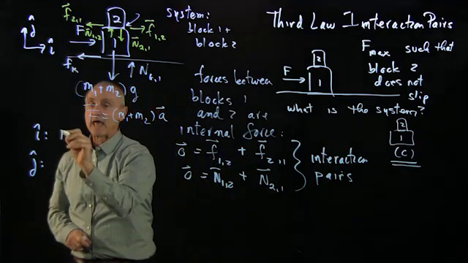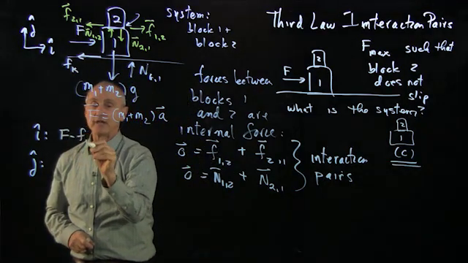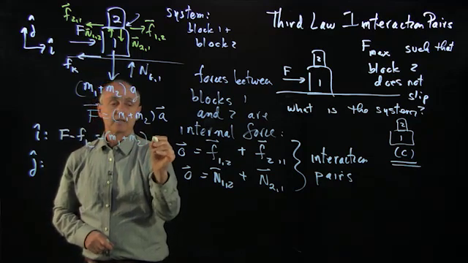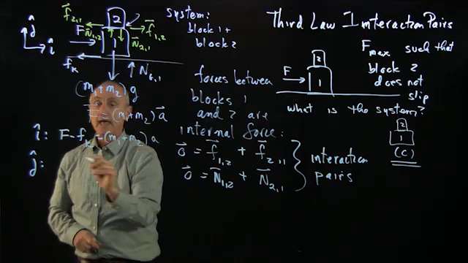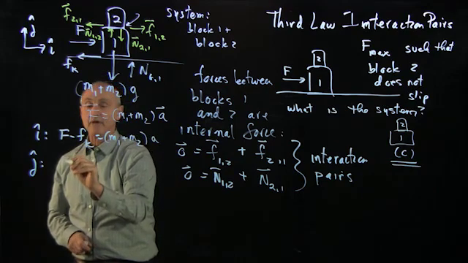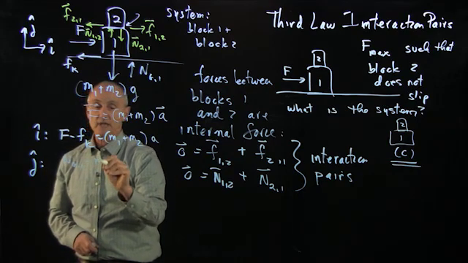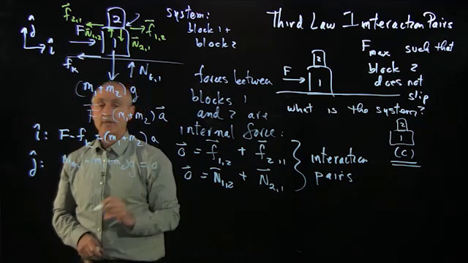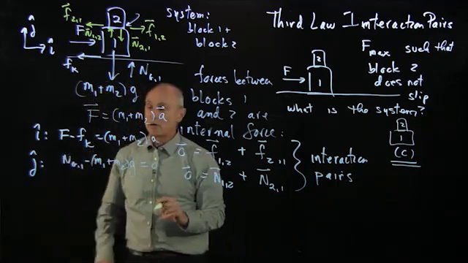What we have is F minus F kinetic equals m1 plus m2 times a. And in the vertical direction, we have N ground 1 minus m1 plus m2 g equals 0. That gave us the same result as before.